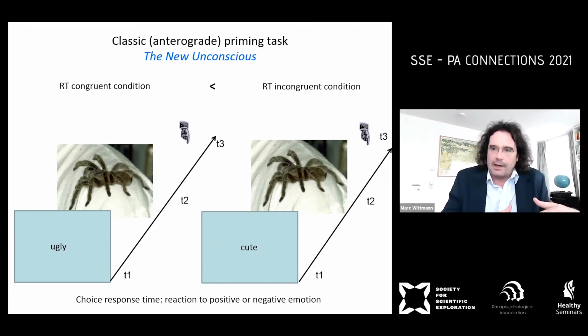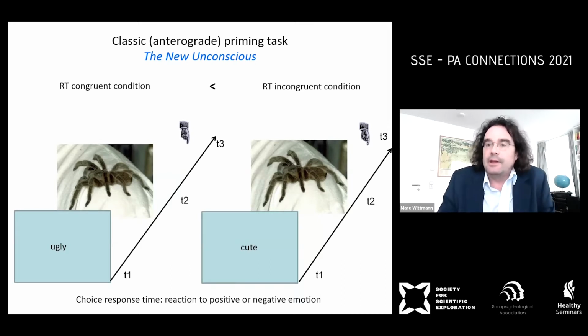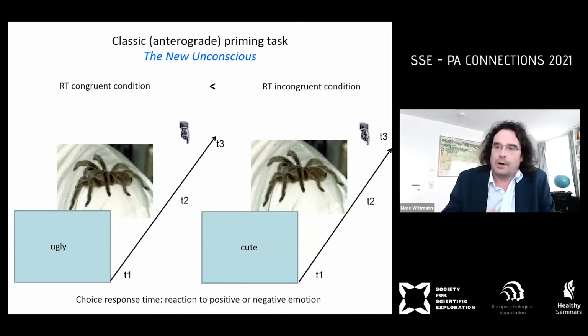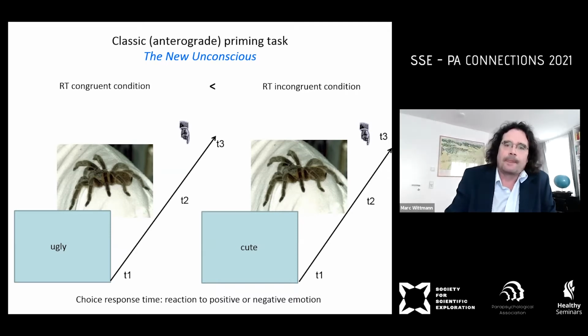If prime, the word, and the following photo are congruent in valence, so positive-positive or negative-negative, the reaction time will be faster than if we have an incongruent condition of prime and photo. So that's the classic priming task, which has led to some interesting discoveries, also theoretically called the new unconscious, because everything goes so fast that we have no control over these reaction times.